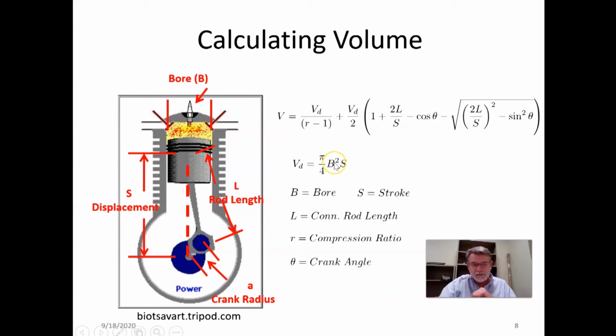The volume of the cylinder, V sub D, is pi over 4 times the bore, being the inner diameter of the cylinder, bore squared times the stroke. The stroke is the net displacement of the piston.